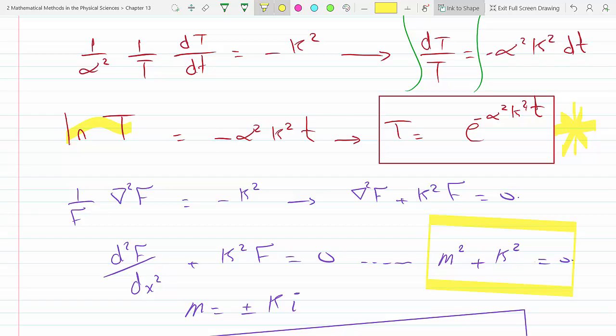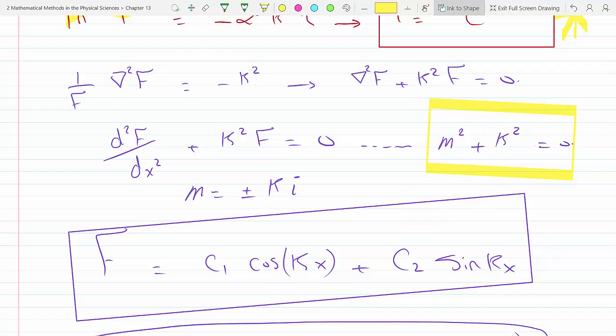You solve it, move k squared to the left, you get an i because it's the square root of a negative number, so m is plus minus ki. And as you know, the complex solutions will get you sines and cosines after you use Euler's formula and change it back.